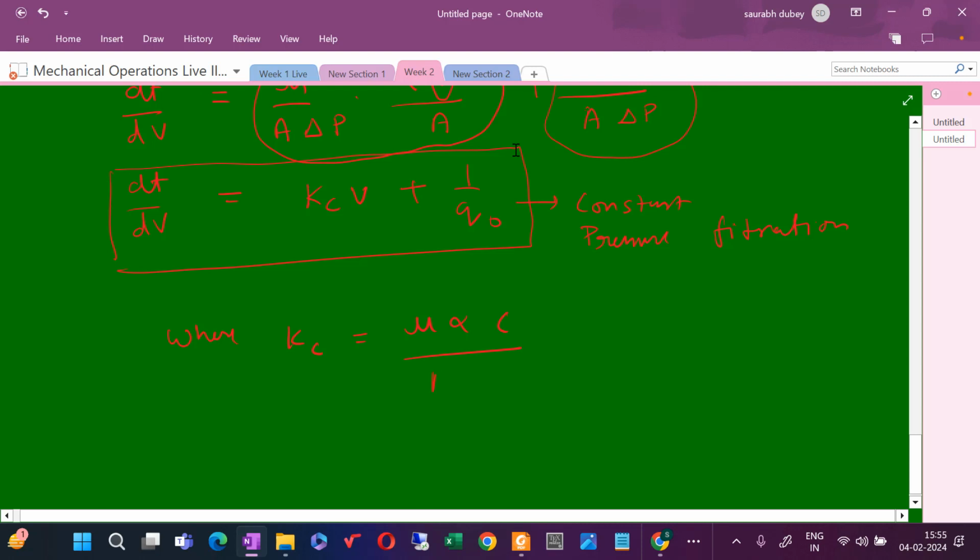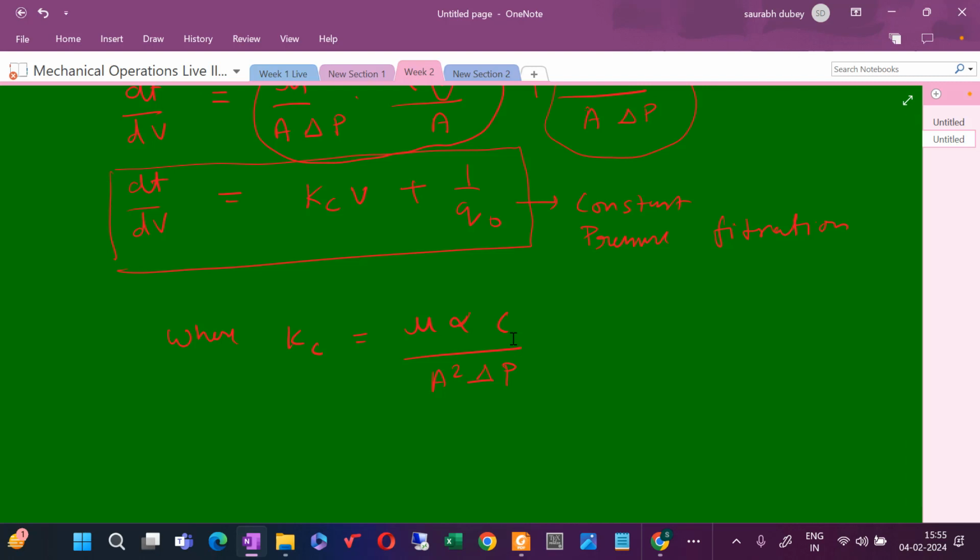So this Kc is a function of alpha, and in the compressible case alpha is again a function of delta p, so the delta p factor will come into the calculation.